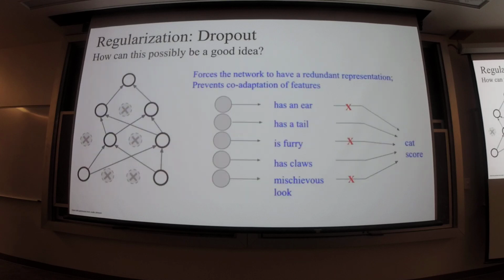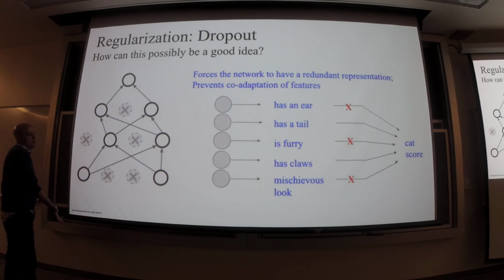Well, the main thought on this is that it forces the network to produce a redundant representation of all the features. So it makes it really robust. If you think about it, every time you do this forward pass with a new batch, you get a new subnetwork, and it could be that you have the same batch every single time.